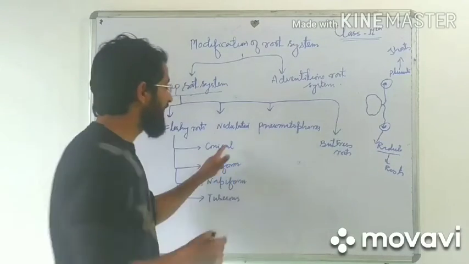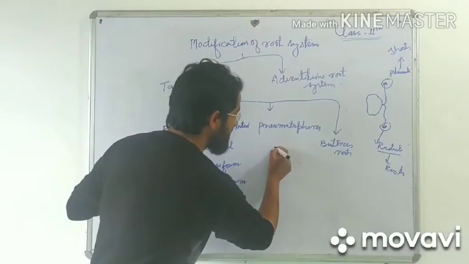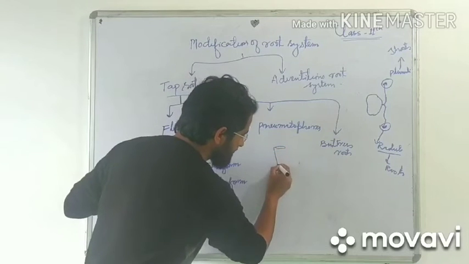First is conical. From the word conical we get an idea that it may be like this. This is the base of the root and it tapers towards the apex.